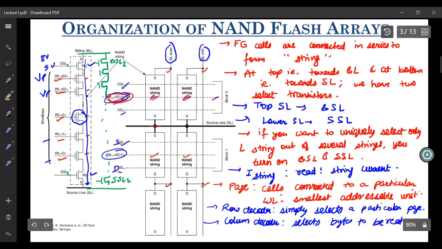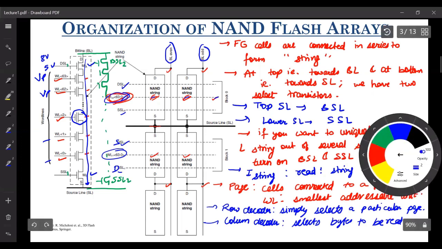This should be SSL1 because your source is connected to that side. So yeah, it's wrong over here. Anyway, the row decoder simply selects a page, and then this column decoder selects the particular bit or byte to be read or to be written, and that is how this addressability is done in this NAND flash array.